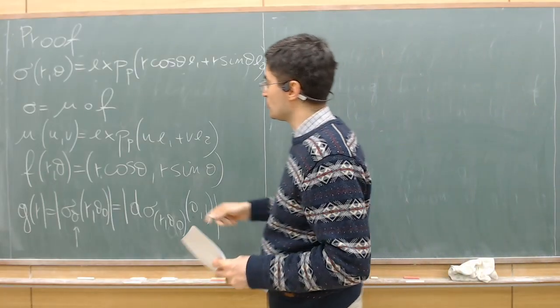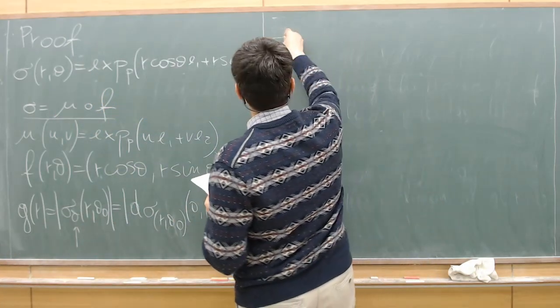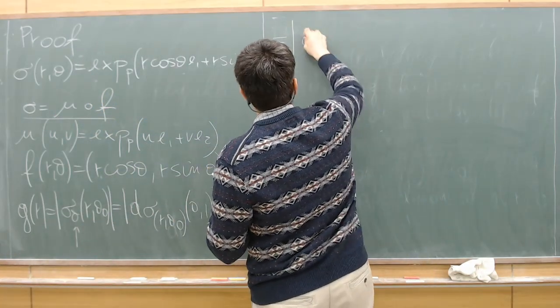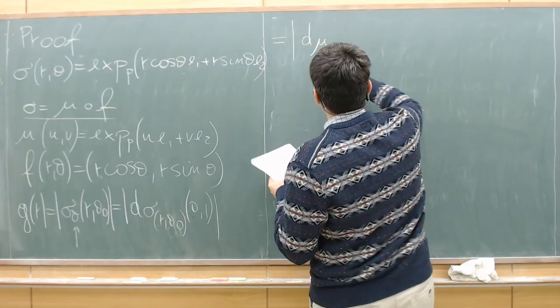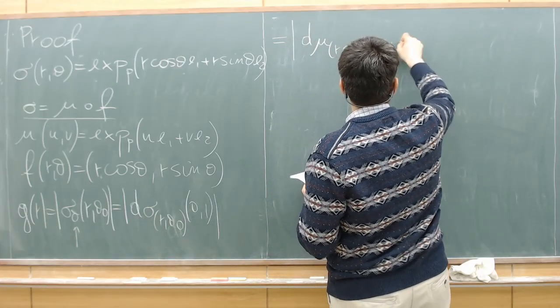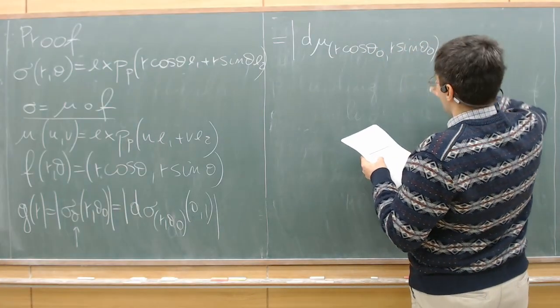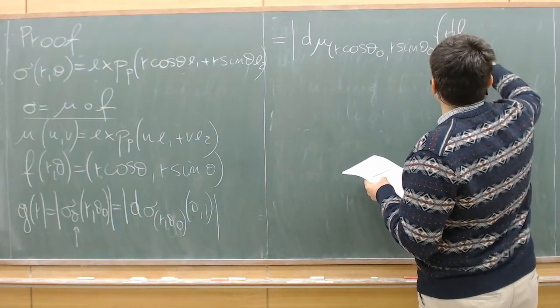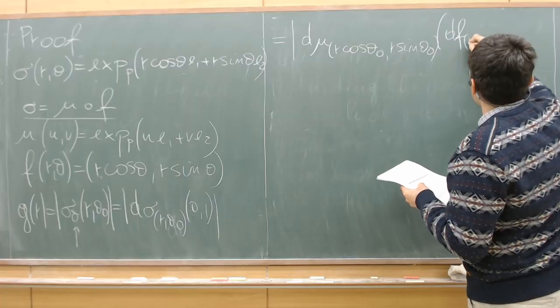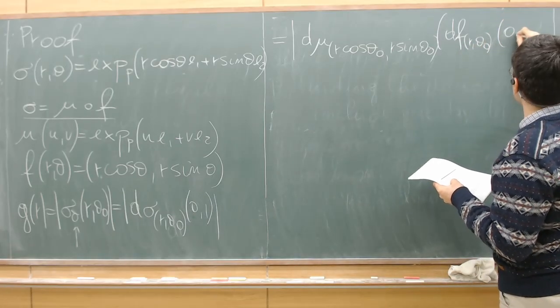And now we use this fact and write the d mu evaluated at r cosine theta 0, r sine theta 0, of df evaluated at r theta 0 at 0, 1.